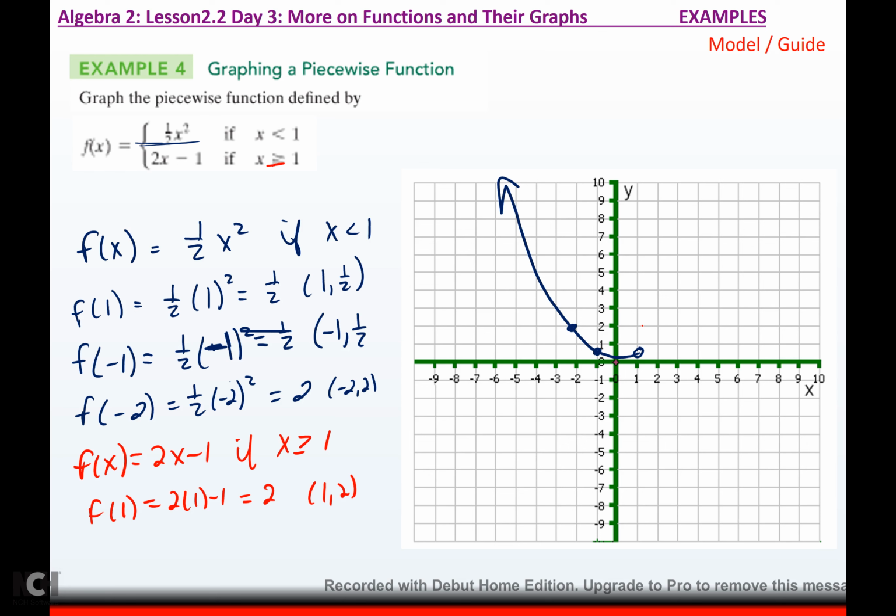Now pick something bigger than 1. Let's pick 3. I'd have 2 times 3 minus 1. 6 minus 1 is 5. So 3, 5. And this is a line, so I connect like this. And there you go. There's your piecewise function.